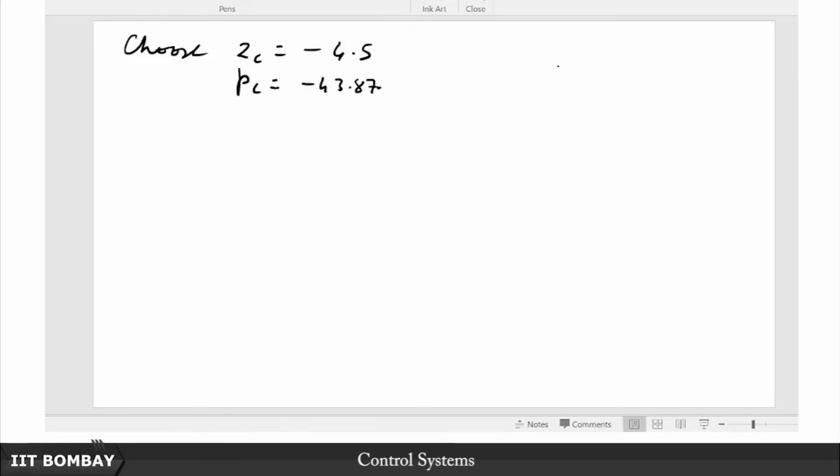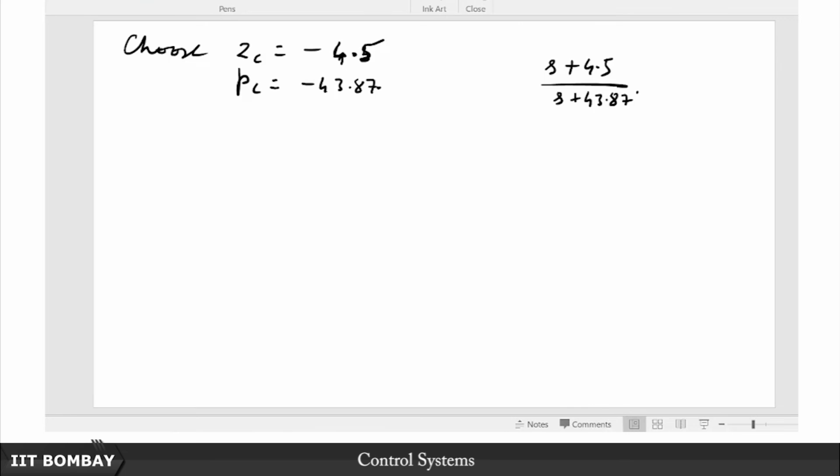So here's what it turned out for me: S plus 4.5 upon S plus 43.87. What I also did was, I have to compute now the K. Remember, we have to compute the K, otherwise the design is not complete.